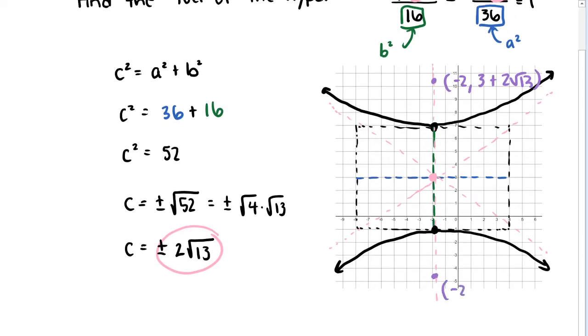So this is -2, 3 minus 2 square root 13. Okay, so all we did here is we just added and subtracted the distance c, this distance here, to the y value of the center along the transverse axis.